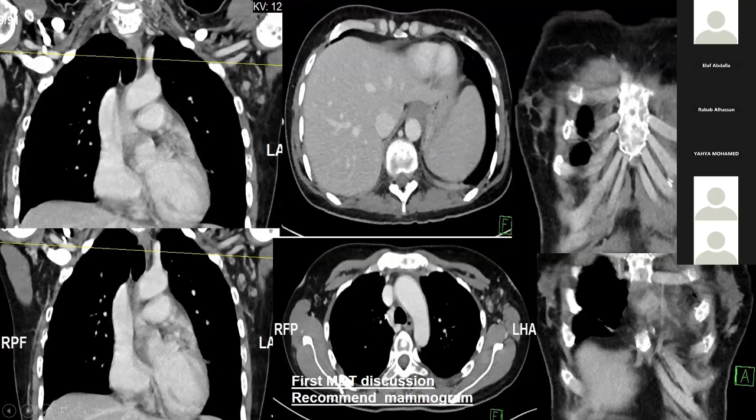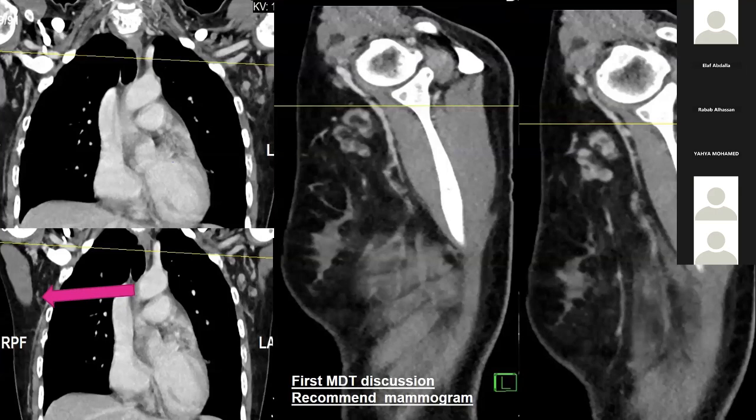It appears subtle, not very convincing, but they recommended breast imaging evaluation. Here you can see the lymph nodes in the left axilla, the nodularity and inhomogeneous enhancement.